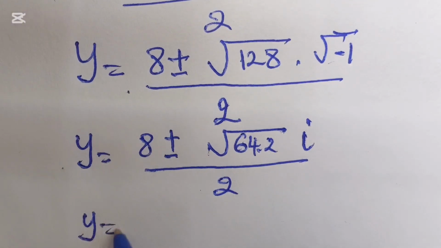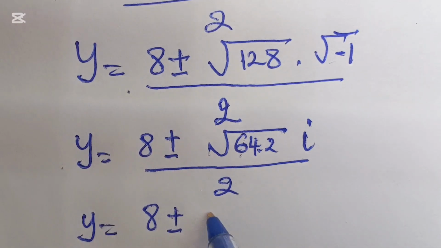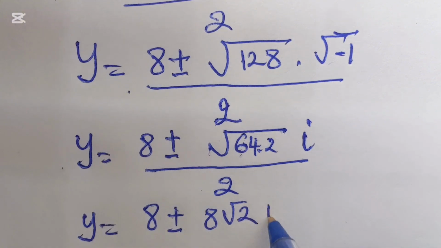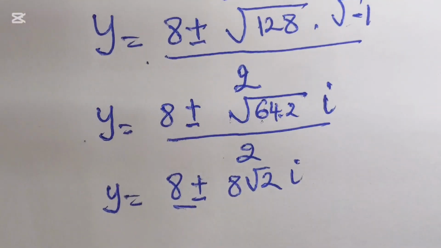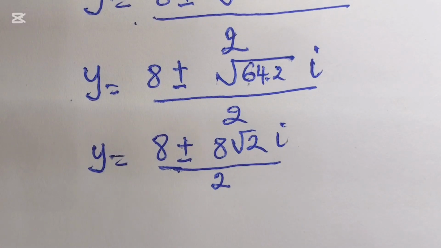Then y will be equal to 8 plus or minus the square root of 64, which is 8, square root of 2, then i, over 2, right?